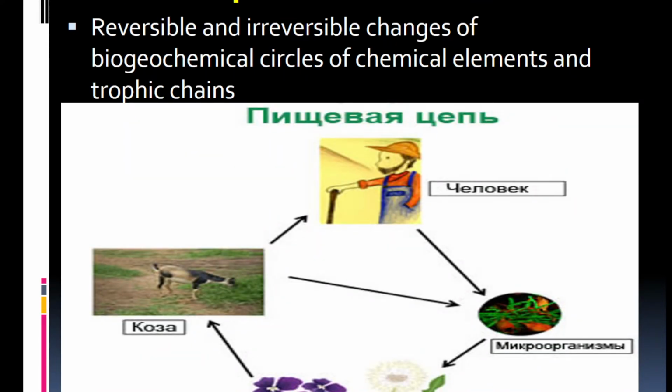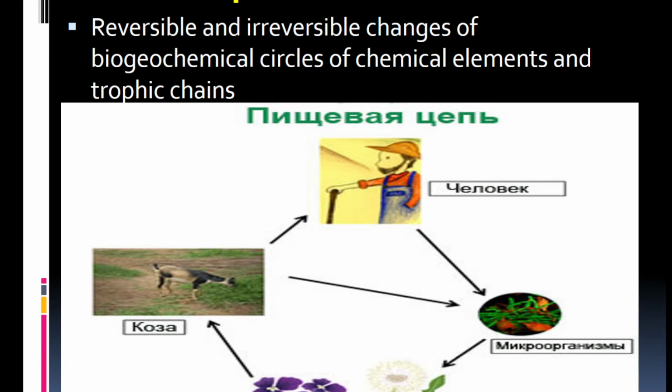What does it mean for humans? First of all, chemical pollution causes reversible and irreversible changes of biogeochemical circles of chemical elements and the trophic chains.